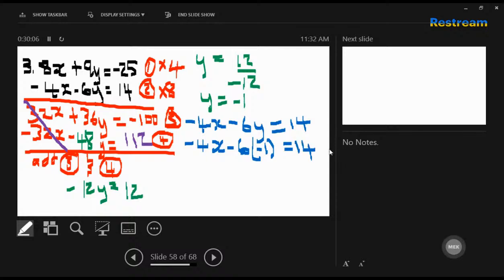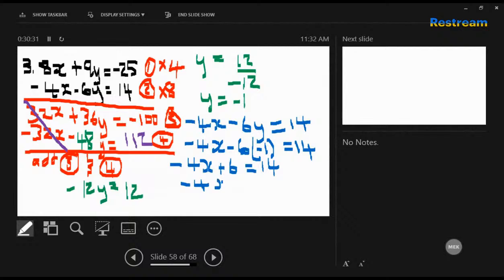And -6 times -1, that's going to give us a positive 6. So we're going to have -4x plus 6 is equal to 14.